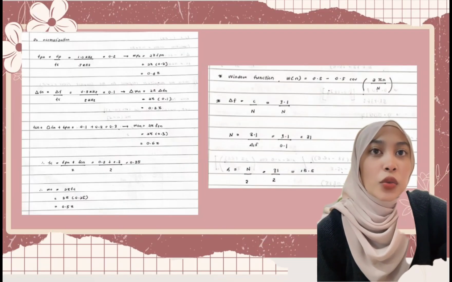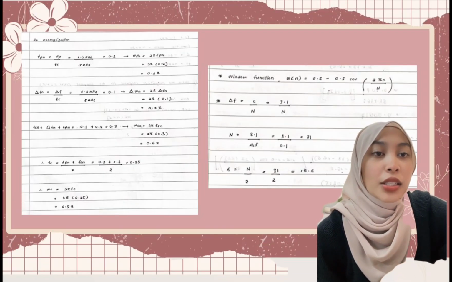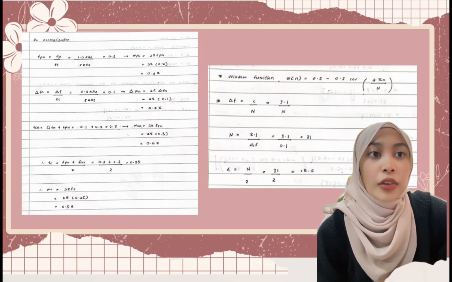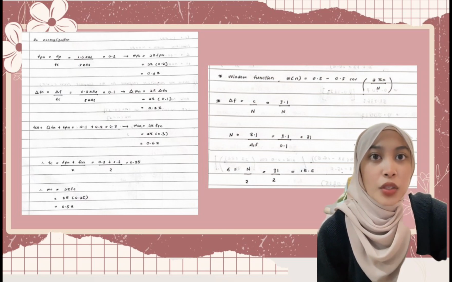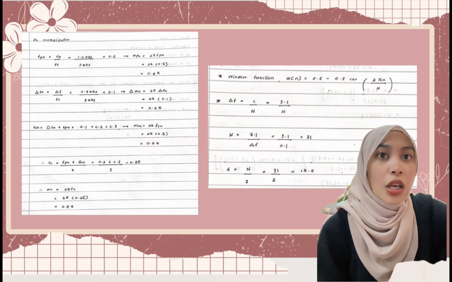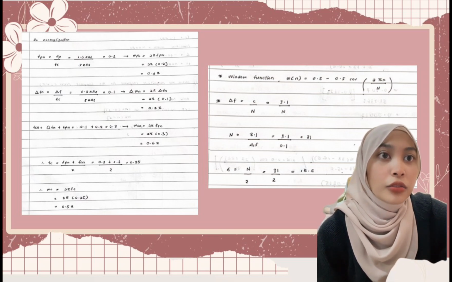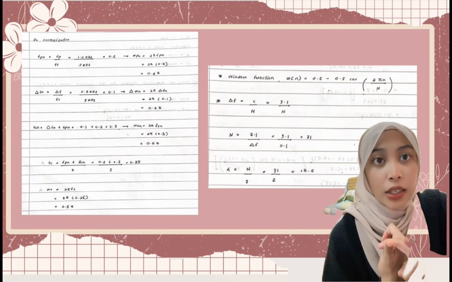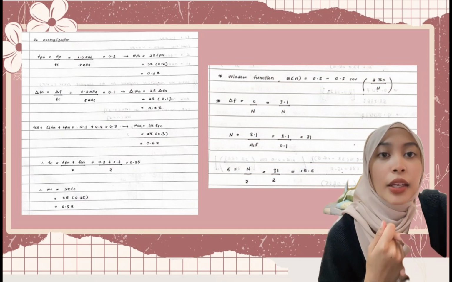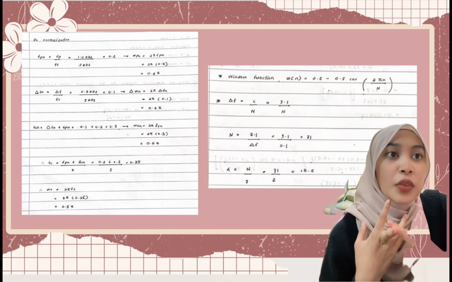So the next question is sketch the coefficients of an FIR low pass filter using a Hanning window method. You guys can see the formula that I use. First we need to find the value of fp, delta f, and then fs.